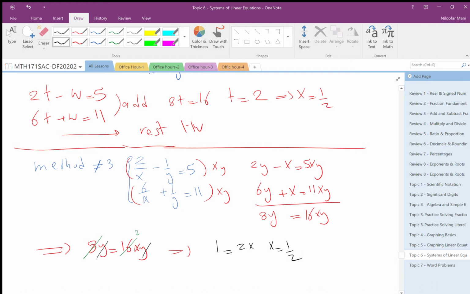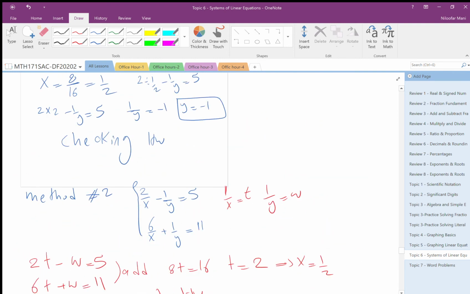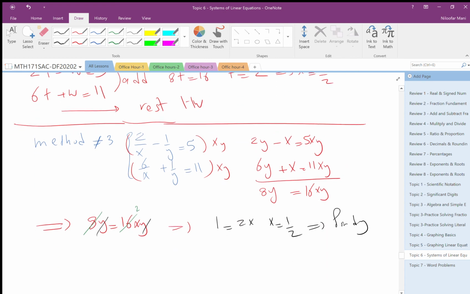Okay, I can find x, I can find y now. Find y now, and then I check my answer. See, all the methods I could use, they just reach me to the answer, which is 1 over 2 as x and minus 1 as y.